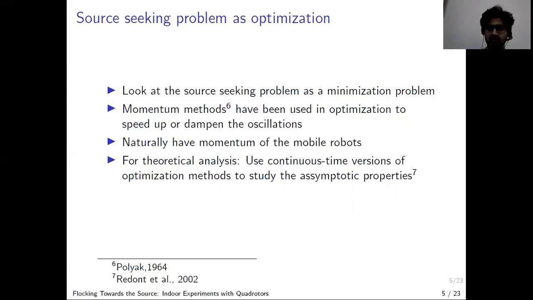We would like to note here that the analysis that we will pursue later will be in the continuous time setting instead of a discrete time setting, and that's because we want to prove asymptotic properties which are slightly easier to be shown in the continuous time, and we want to avoid a sort of tangential discussion on step size selection and so on.